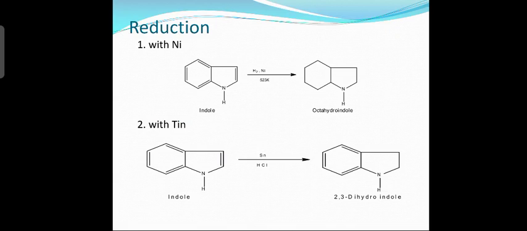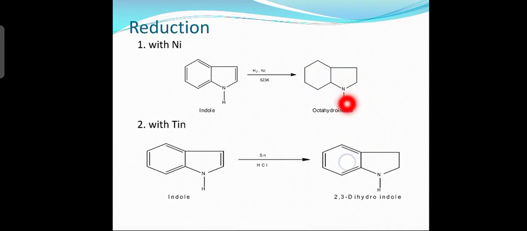Now next is reduction. Reduction with nickel. Indole undergoes reduction, that is hydrogenation, in the presence of nickel catalyst heated to 523 Kelvin. We get octahydroindole. So there are no double bonds, neither the alternate double bonds in the benzene ring nor the double bond in the pentagon.